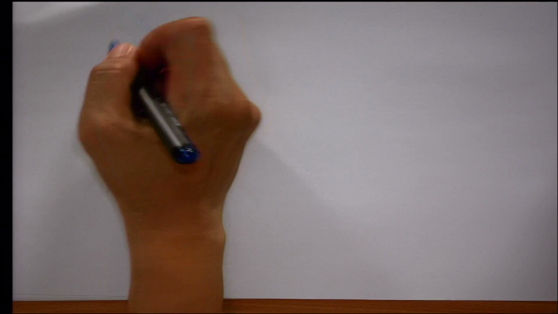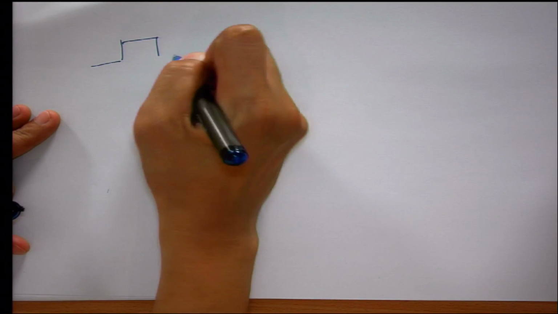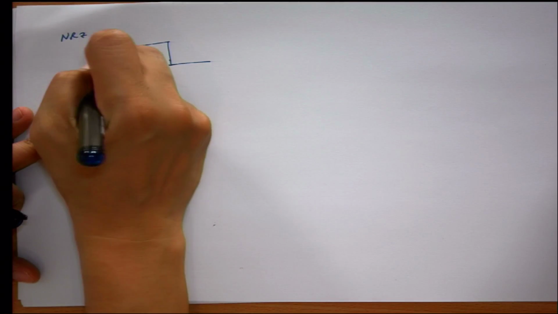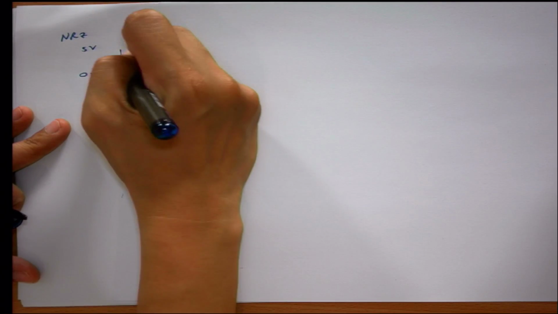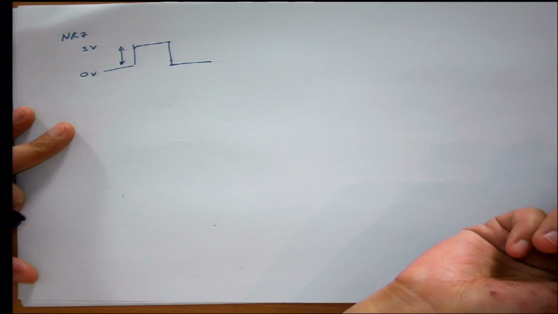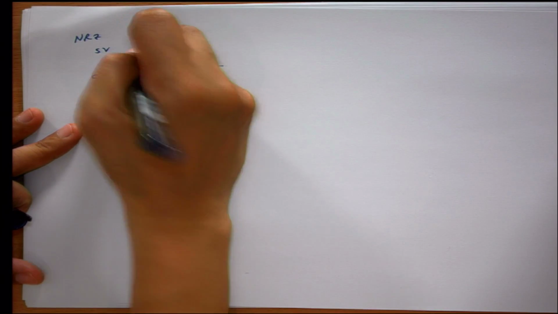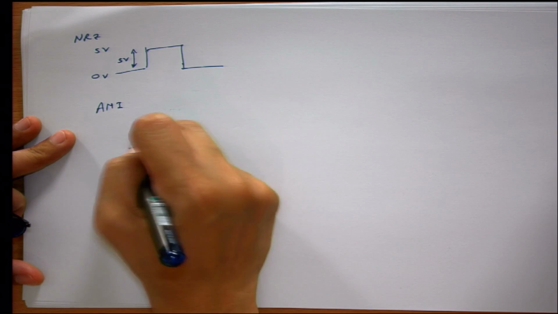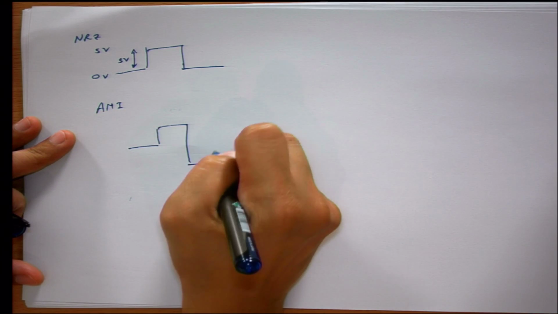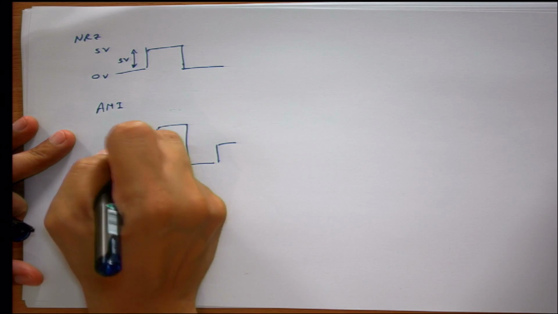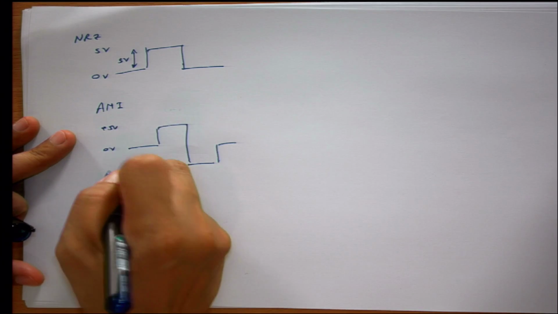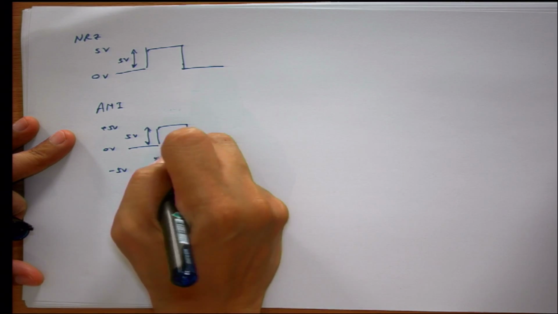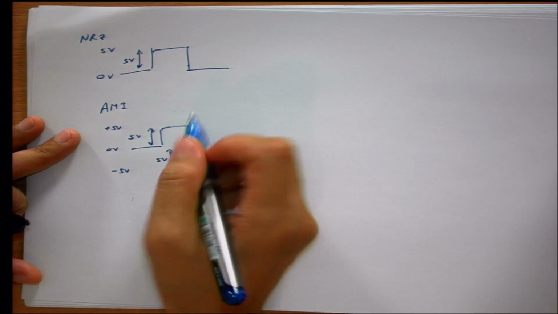If you look at this, for NRZ, you can have 0 volt and 5 volt, right? So you have a difference of 5 volt here. But if you use AMI and you have 3 levels, you use plus 5 volt and minus 5 volt, so that the difference is 5 volt between the next levels.